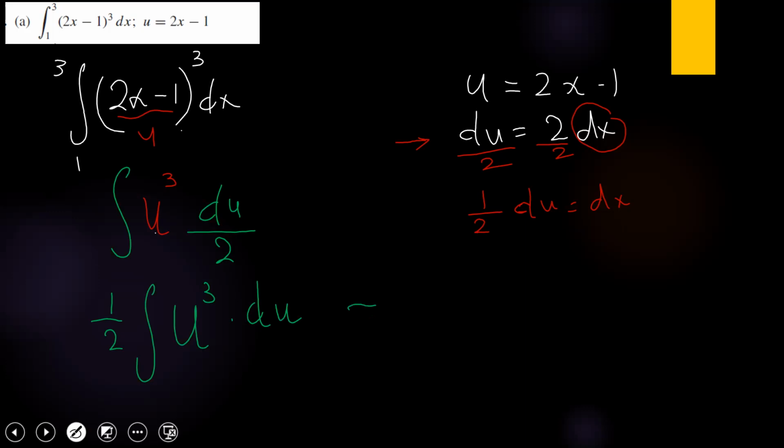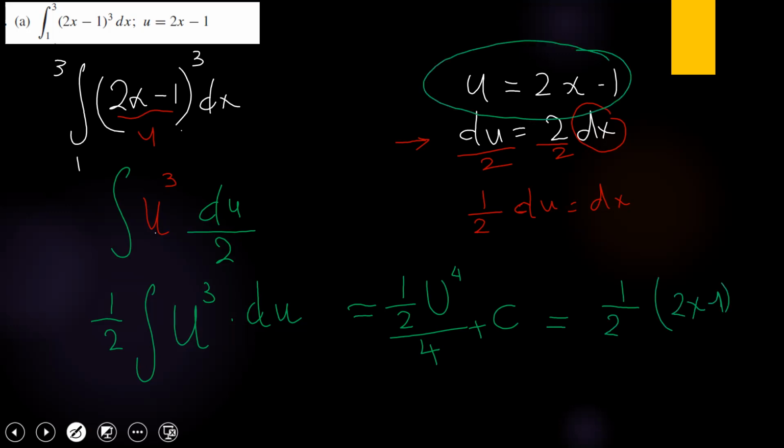Then let's continue: half u to the power 4 over 4 plus c. After we integrate, I have to put it back in terms of x. So let's now substitute: half, instead of u, write 2x minus 1 as we supposed here, to the power 4 over 4 plus c.